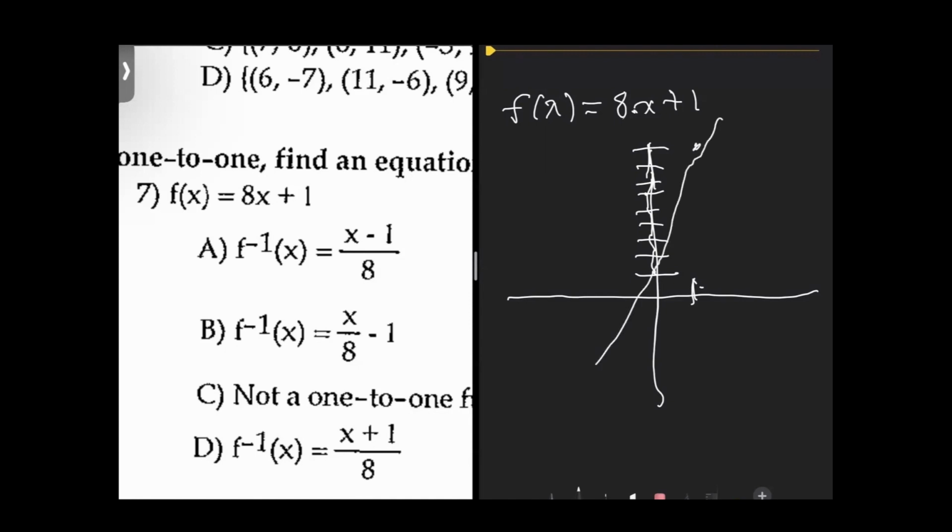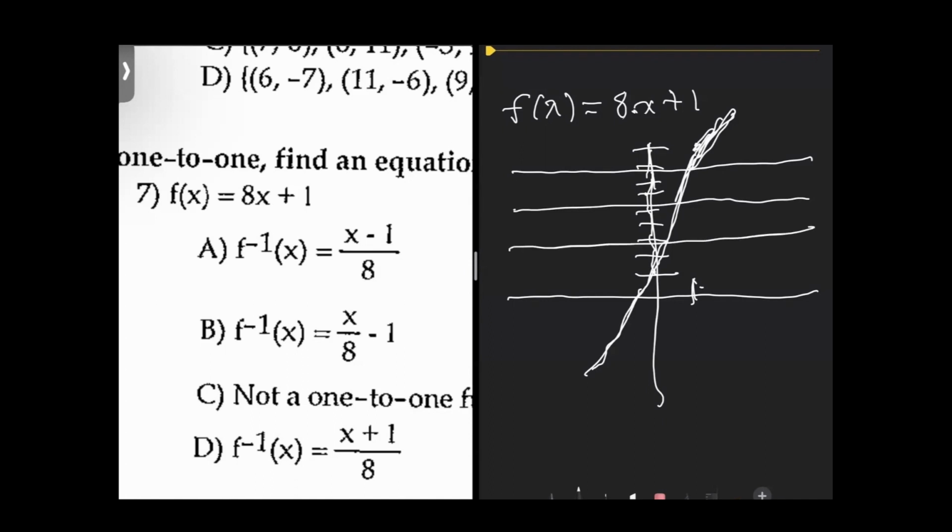The graph looks something like that. And if you draw a horizontal line, you can see it hits 1 point. Keep drawing as many horizontal lines as you choose to, and you can see it hits only 1 point. Therefore, we can find the inverse.